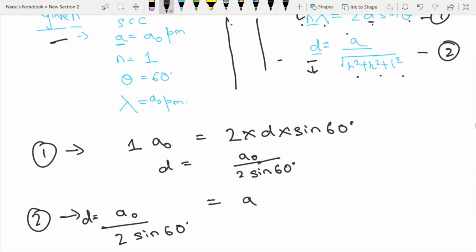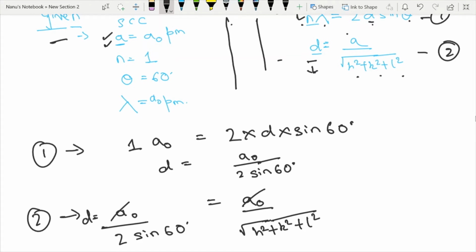And what is our a over here? A is our A0, see a mark I'm giving. So this is equal to A0 by root of h square plus k square plus l square. We all want to do this in the exam, and when we get that, rub out the constants.